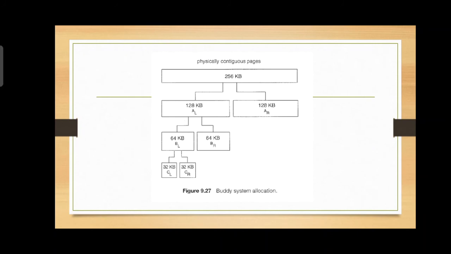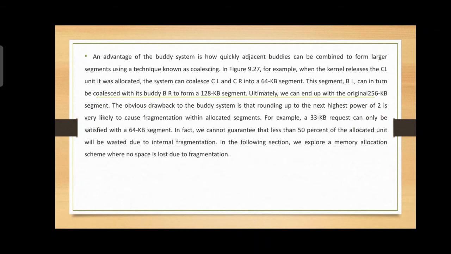As we can see in figure 9.27, an advantage of the buddy system is how quickly adjacent buddies can be combined to form a larger segment using the technique known as coalescing.